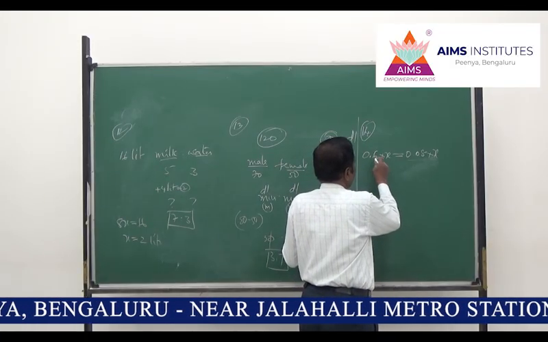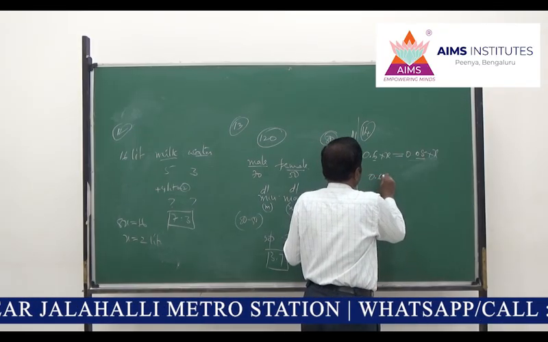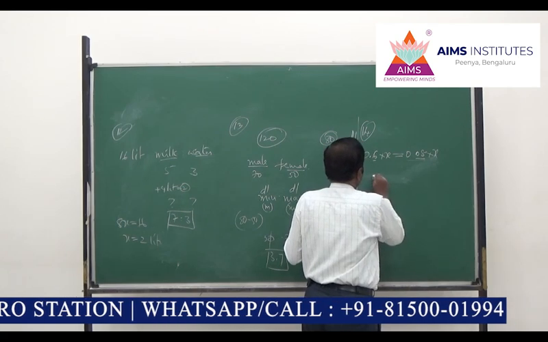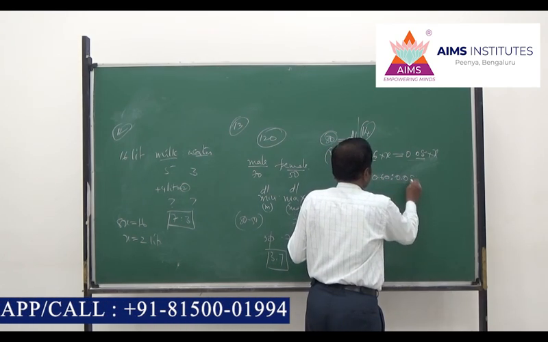Now you have to see the one decimal and the other decimal; make them uniform. 0.60 is equal to 0.08.